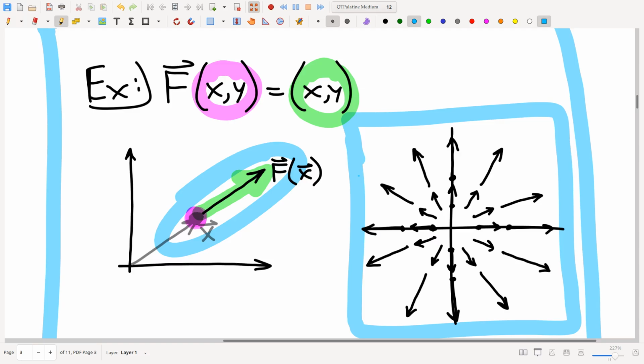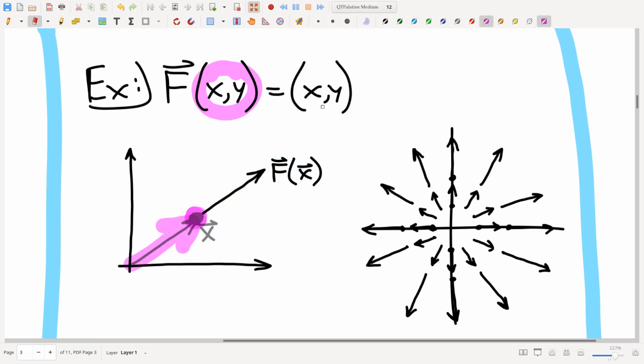Yeah, go ahead. What is that vector from the origin to the input point? The vector going from the origin to the input point? Yeah, that's right. So let me go back to here. That is the position vector for the point x. Let me clear out the rest of this stuff.